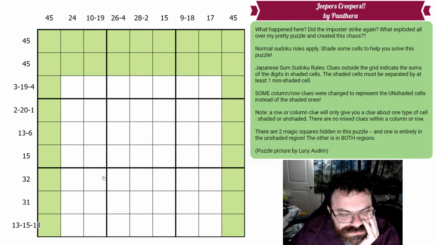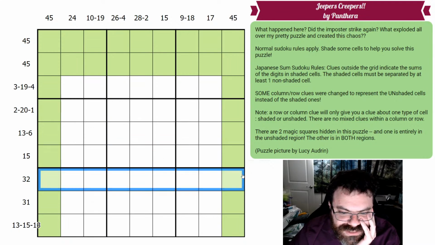So all these solo clues, these three down here, they have to be the other shading. They have to be gray, because otherwise they'd stretch all the way across and be a 45.